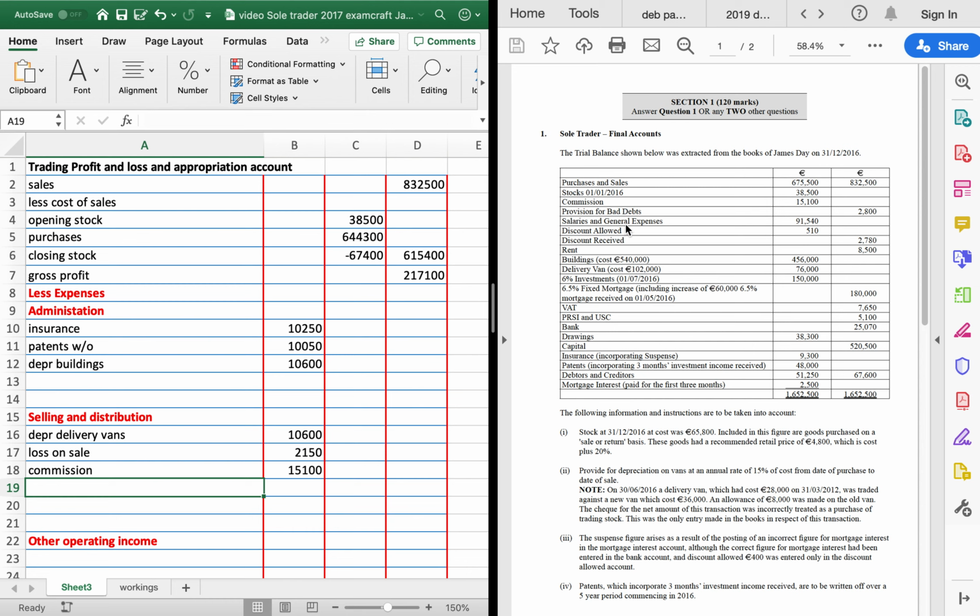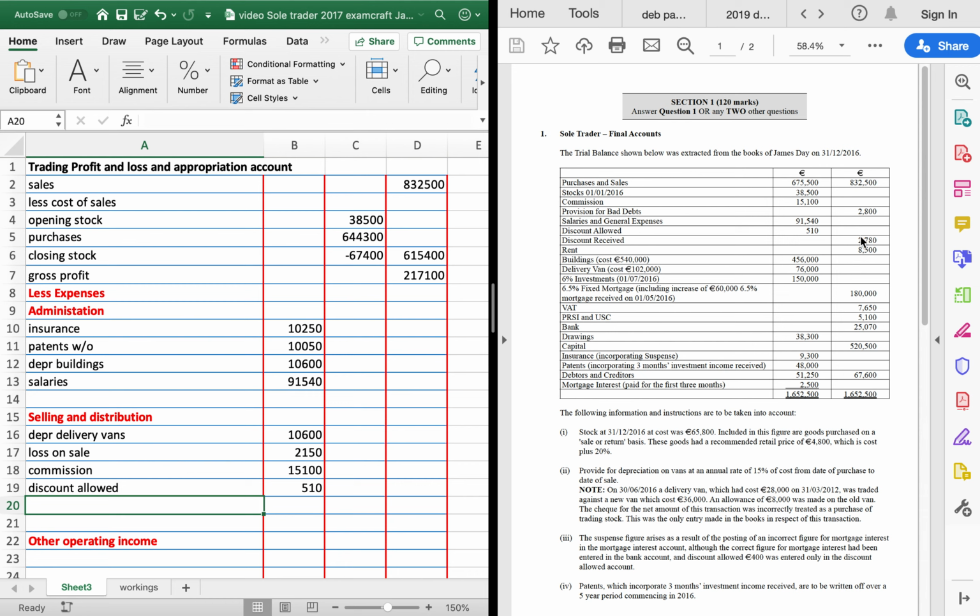Provision for bad debts is in. Salaries and general expenses is admin. That hadn't changed: 91,540. Discount allowed 510 is an expense. You know it's an expense.